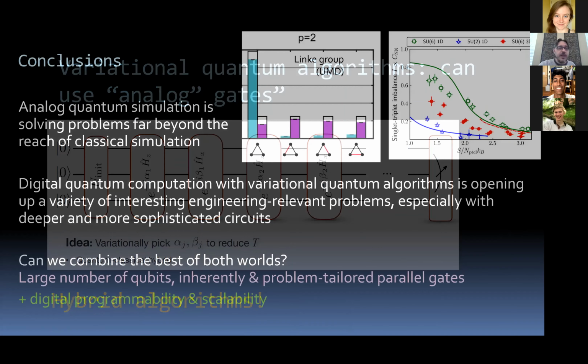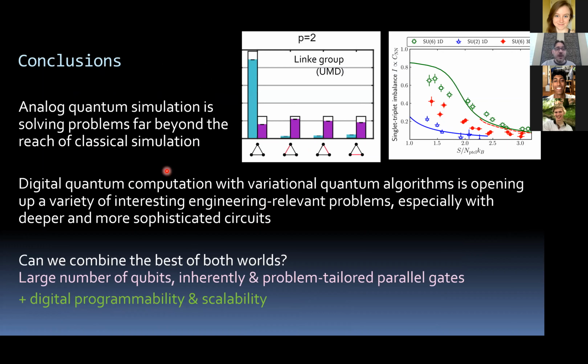So this is really everything I wanted to say. Already analog quantum simulation is far beyond the reach of classical simulation. Digital quantum computation, I think, is entering a really interesting regime with these variational quantum algorithms, where we saw we could do deeper circuits so that multiple rounds of variational quantum algorithms improved round by round, and also more sophisticated mixers, more sophisticated in each round about how we find solutions.